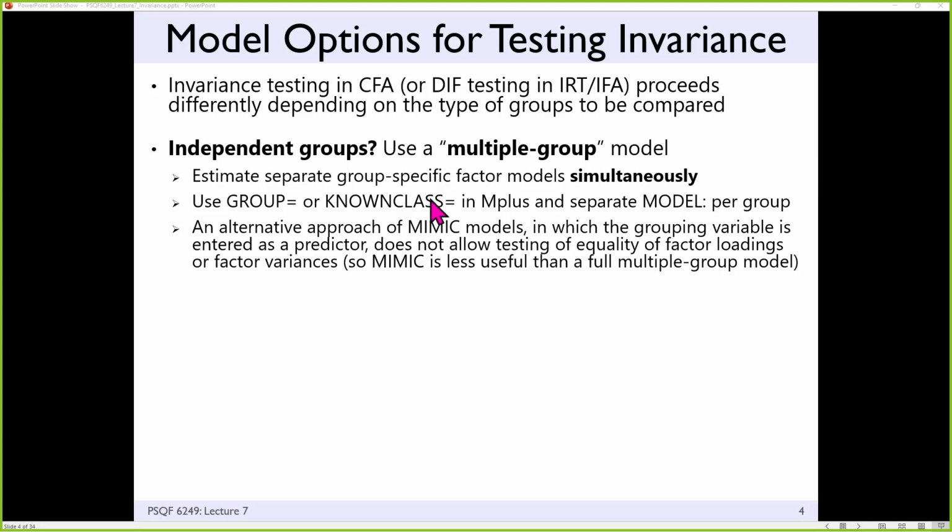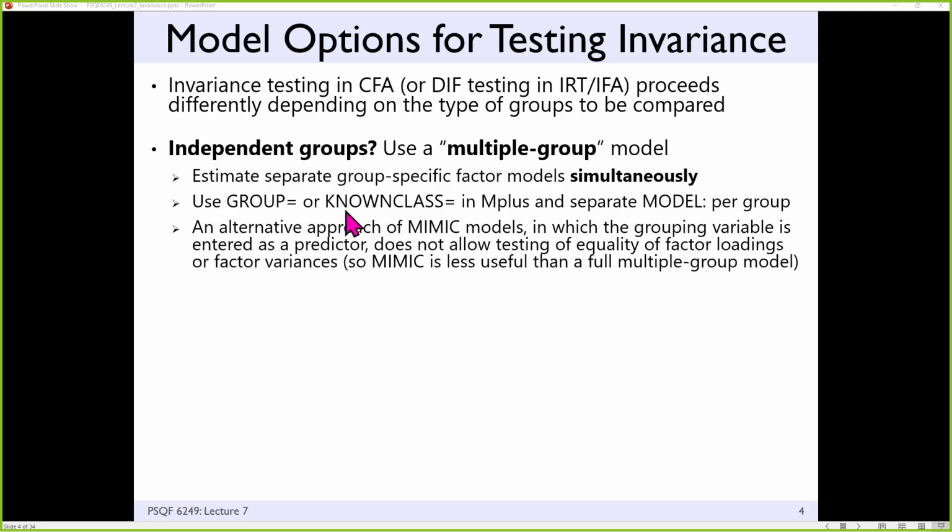In programs like Mplus, in the variable section, there will be an option called GROUPING, and you tell it what your groups are. In the call to lavaan, it's group equals. So you tell it how you want to divide up your people, what variable in the data set controls that, and you estimate separate models simultaneously, one for each group.